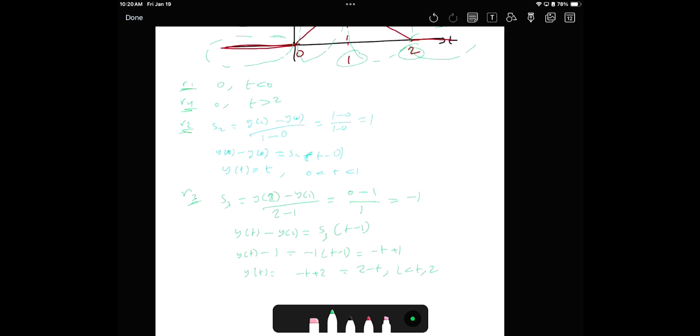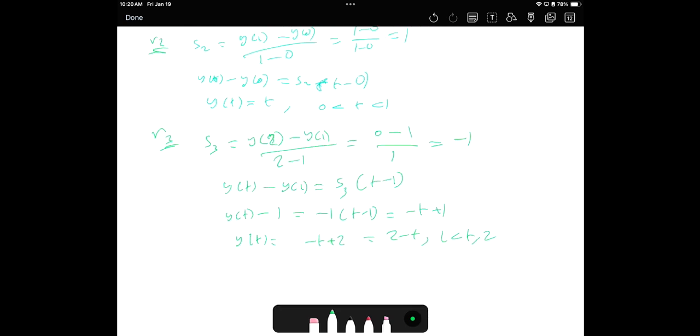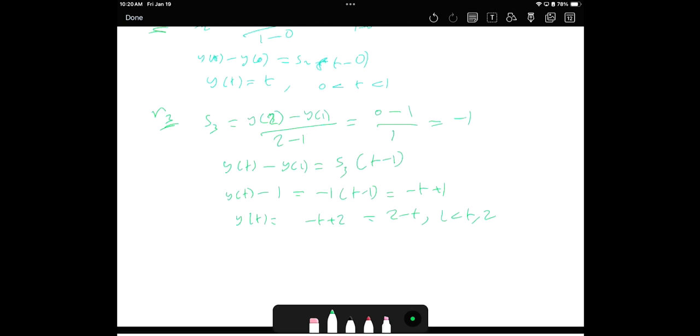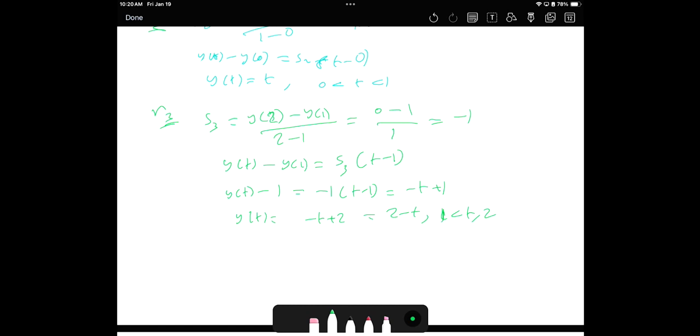Now, after we find all of these 4 intervals, let's write the overall equation in one. Okay, so we have region 1, 2, 3, 4.